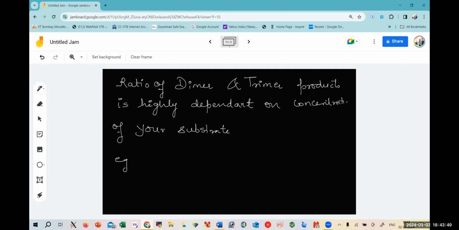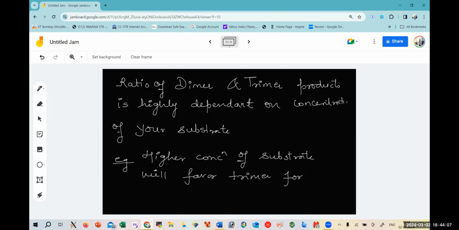For example, higher concentration of your substrate will favor trimer formation. Say, for example, if I am having 1 millimolar substrate concentration, it would give me dimer to trimer 1 to 1.